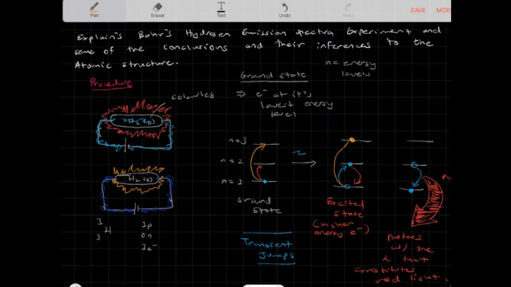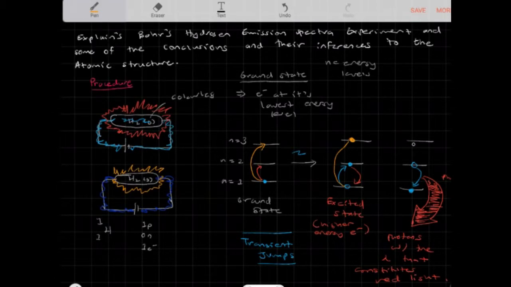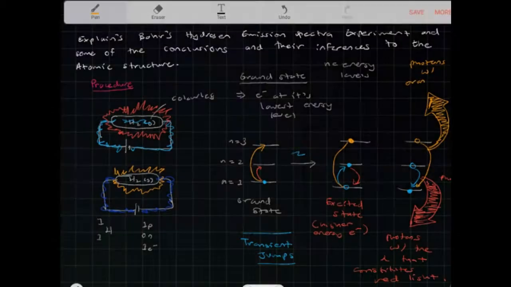And now because it jumps to a higher energy level, it falls back down from a higher energy level. So instead of from the second energy level to the first, it falls back from the third energy level back to the first. And as a result, this time it releases orange wavelength of light, right? And we know that according to the visible light spectrum, it's photons with the orange wavelength.